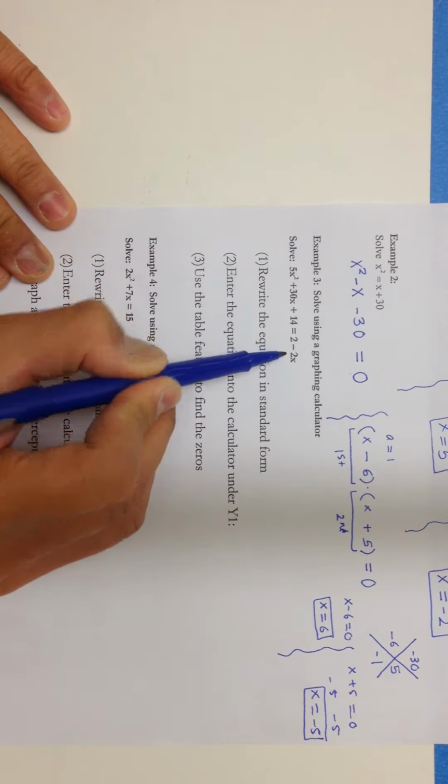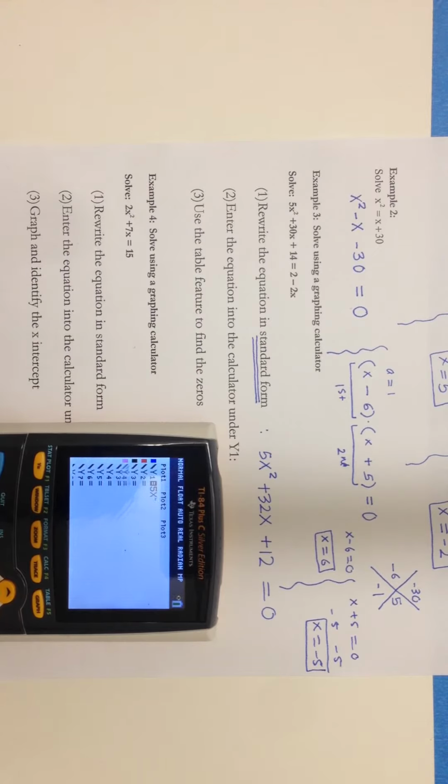So turn it on, go to y equals, which is right here, and type that into y1. So 5x squared plus 32x plus 12, and then hit enter.